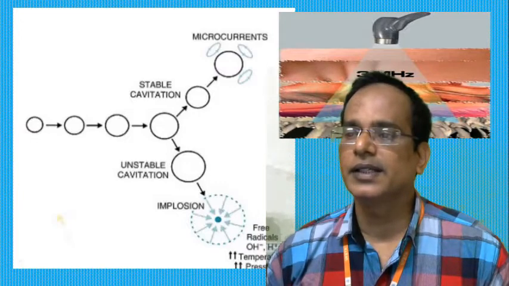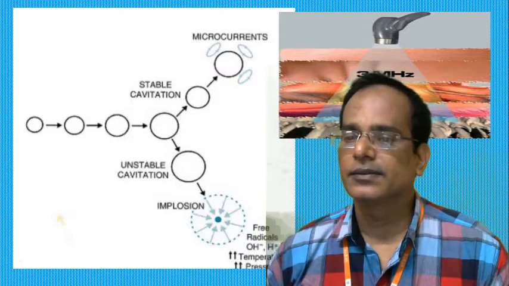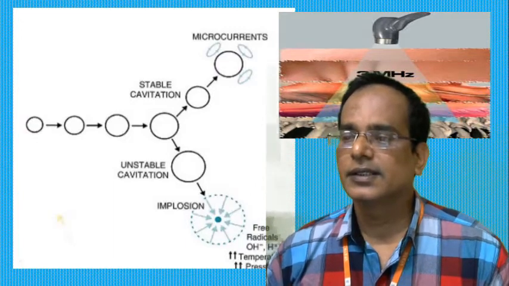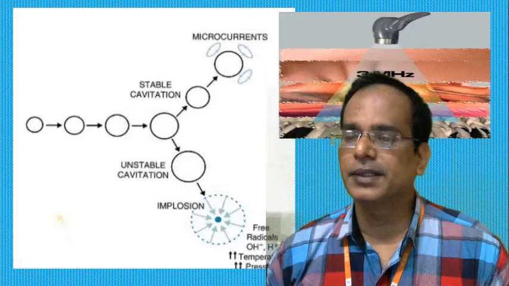Second one is moving the treatment head during the application. Acoustic streaming is a steady circulatory flow due to the radiation torque. Another application is microstreaming, which exerts stress on the cell membrane, which may increase membrane permeability.